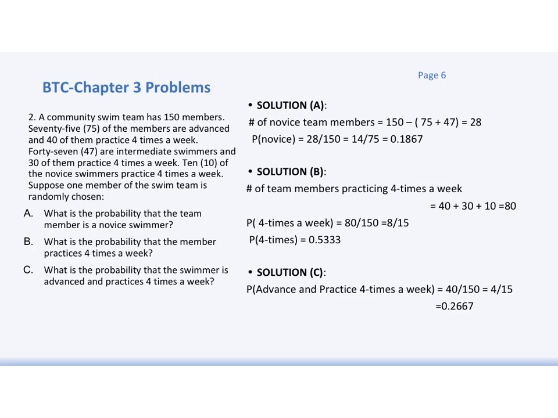A. What is the probability that the team member is a novice swimmer? So we're going to look at that one first, right? The number of novice team members is equal to the total minus what was left over for the advanced and the intermediate.